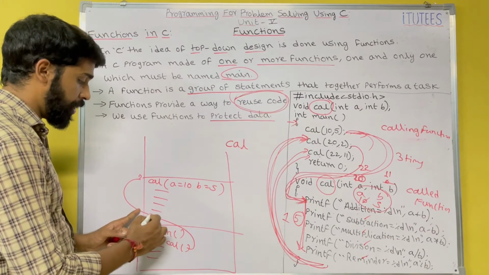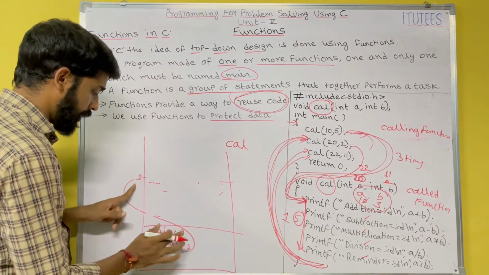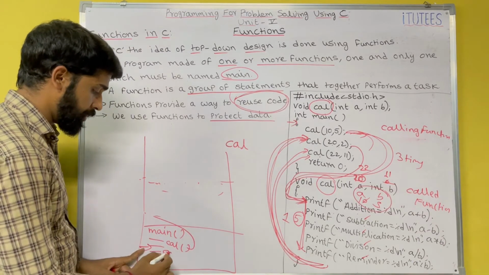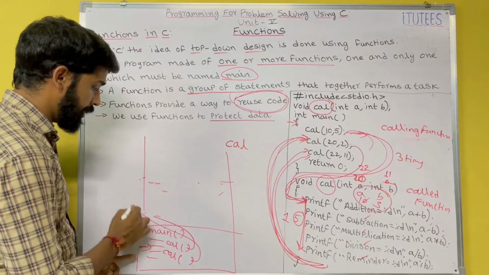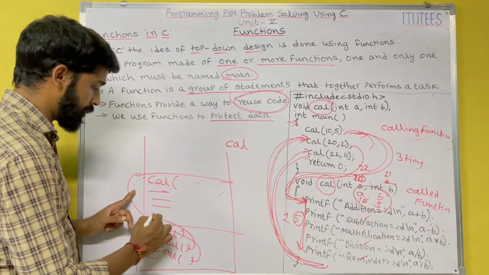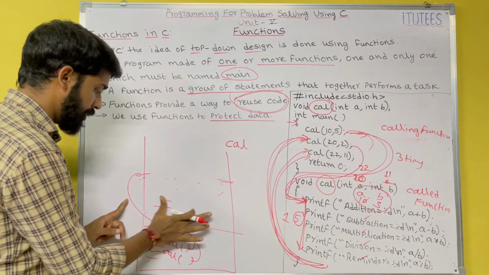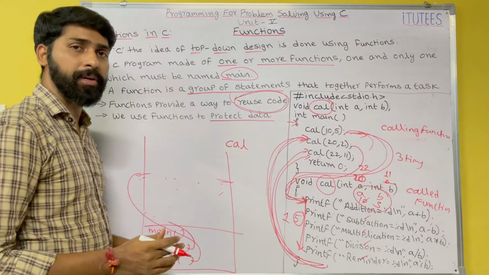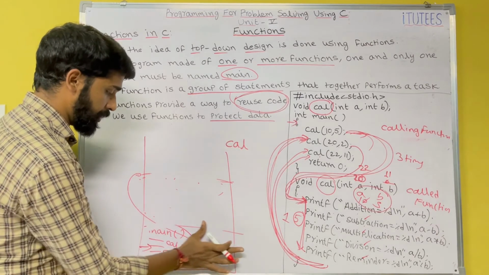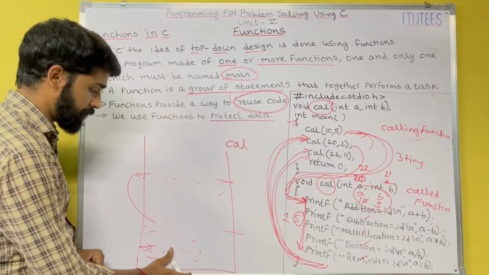After completion of all the instructions, this memory is deallocated and control moves to the calling function. Again it is called, again it allocates the memory and executes all the instructions in this cal function. After completion of this, it deallocates the memory again. In this way memory is allocated for called functions. After completion of the main function, the allocated memory for main is also deallocated.